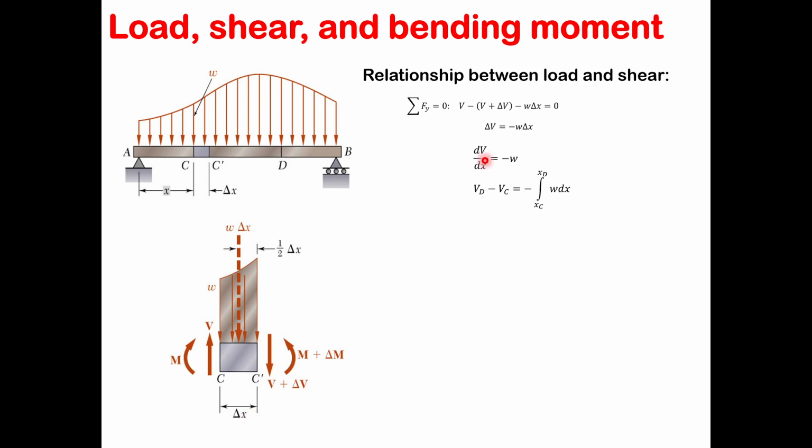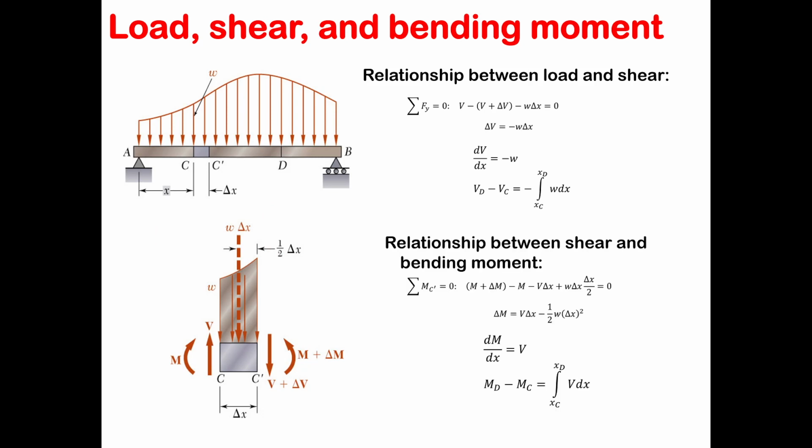So this tells us the derivative of shear force with respect to x is going to be equal to negative W. We can also find the difference between the shear force between two locations by just taking the integral of W dx from x of C, the location of C, which is from the beginning of the coordinate system, to the location of D. We can do the same analysis for moments. Sigma of M C prime must be equal to 0.